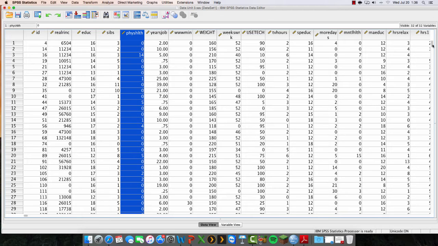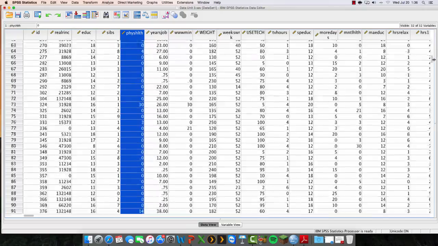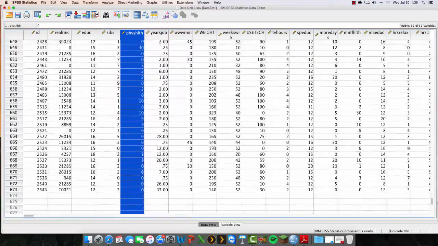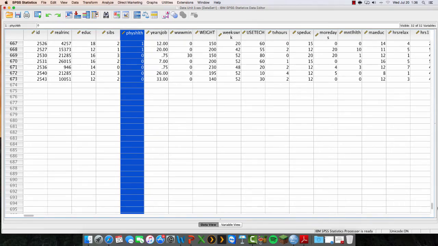A very rich source of data. I've actually reduced the full data set to about 32 variables and about 673 cases.